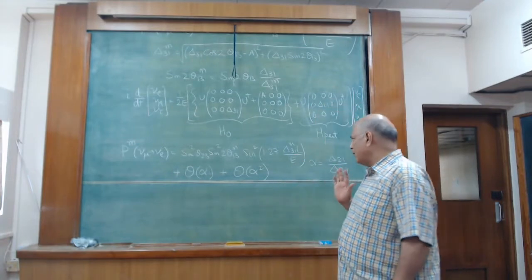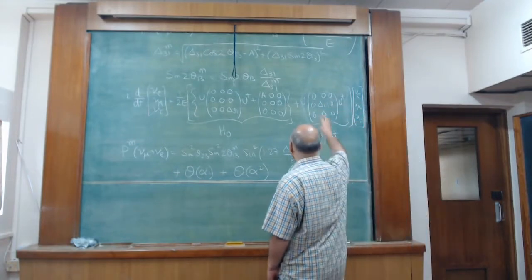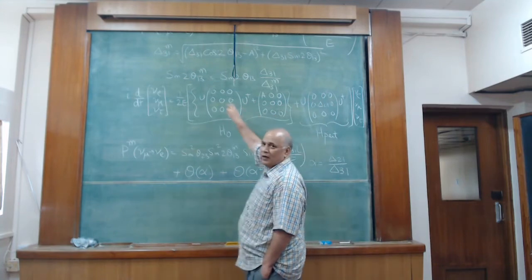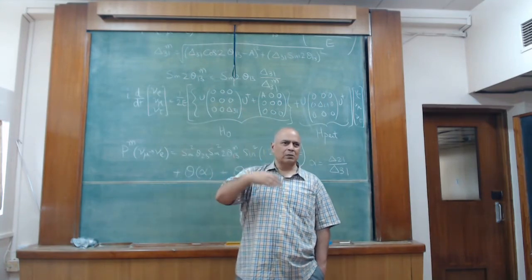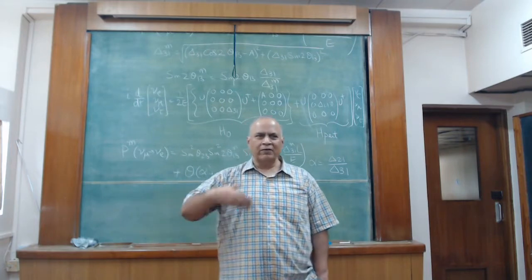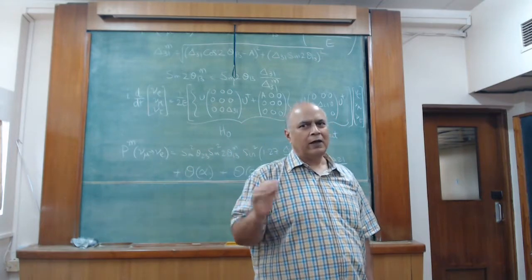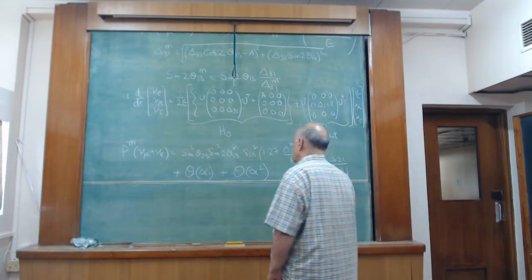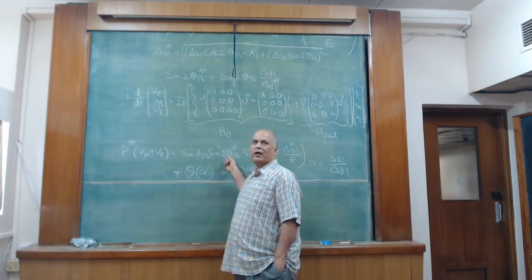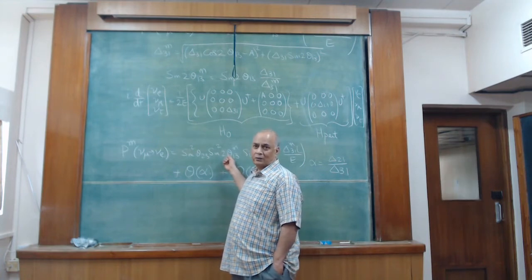By 98, we knew that delta 21 is non-zero, delta 31 was non-zero, and delta 21 is smaller than delta 31 by a factor of 30 or 50. That one was known. But there was only an upper limit on theta 13.